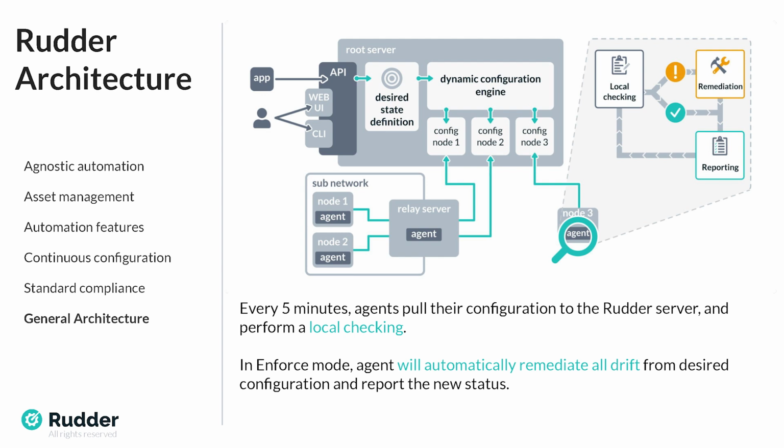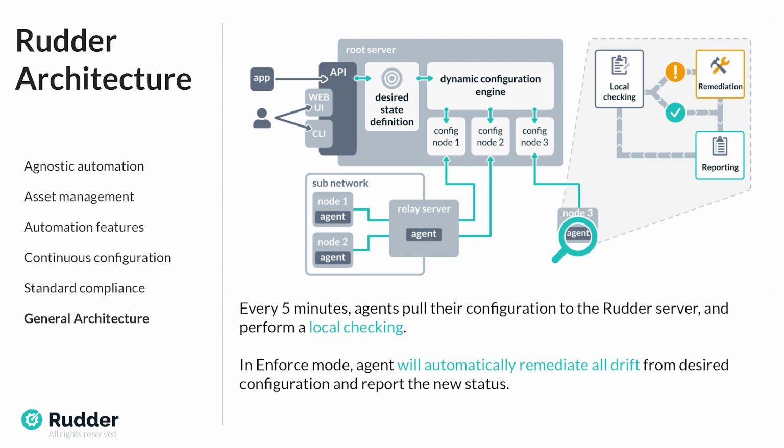The systems you manage, which are called the nodes, will connect to the Rudder server and fetch these policies, so they get only their own policies. They don't know the configuration of other systems. They check the state of the system with the policies. If there are any differences, the agent may remediate that, and it sends back the report to the Rudder server.